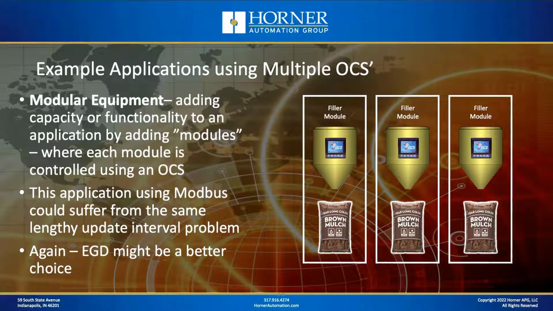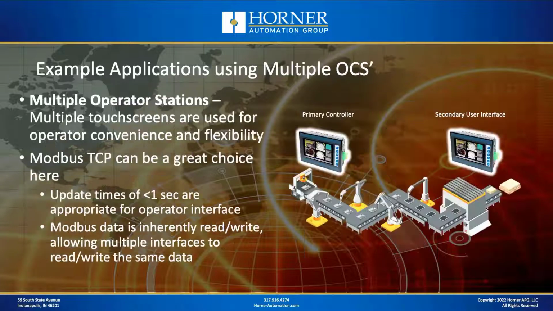This is another application where a lot of the time you could run into the same situation as the assembly cart example, where the number of controllers that need to communicate with each other, as well as the path of the data from controller to controller, might make using Modbus TCP not ideal. So again, this is a scenario where Ethernet Global Data might be a better choice.